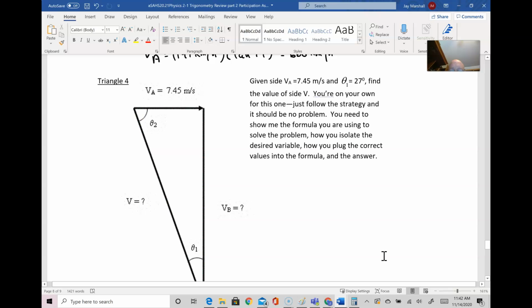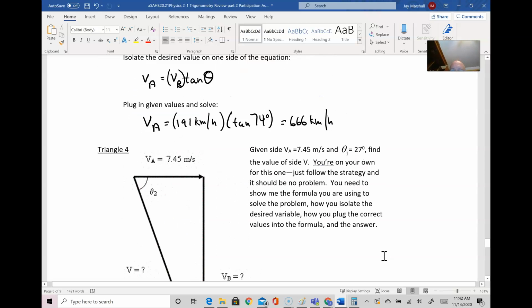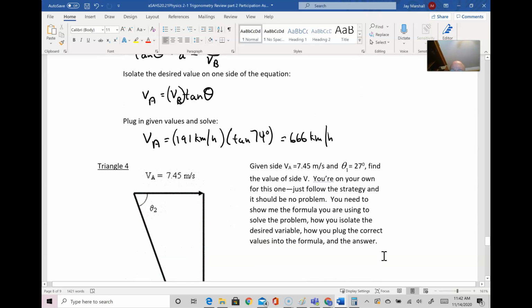Just follow the strategy. Show me the formula you're using to solve the problem, how you isolate the desired variable, how you plug the correct values into the formula in the answer like we've done, and we'll be okay.